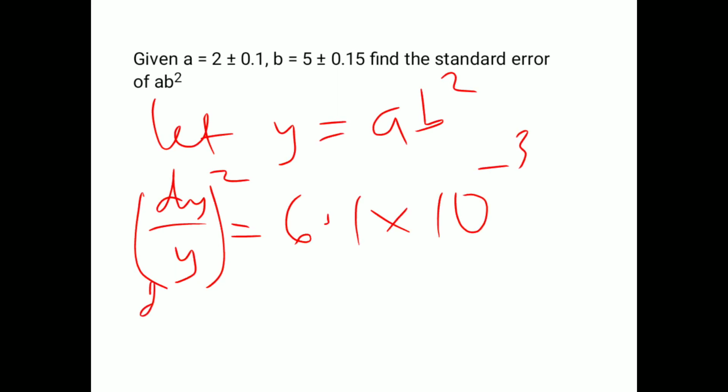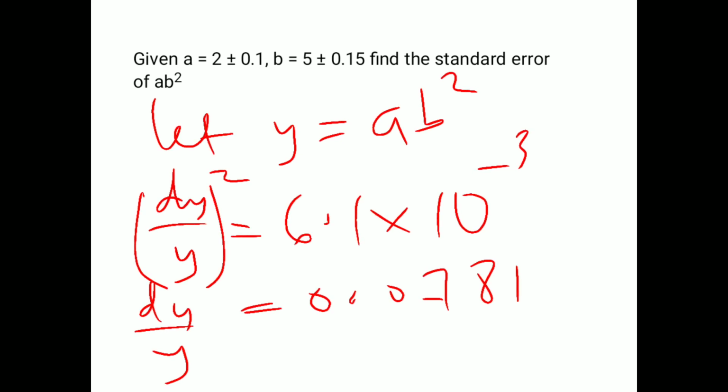So dy over y will now be the square root of 6.1 times 10 to the power minus 3, and that will give us 0.078. So that means my standard error will be dy, which is equal to y times 0.078.